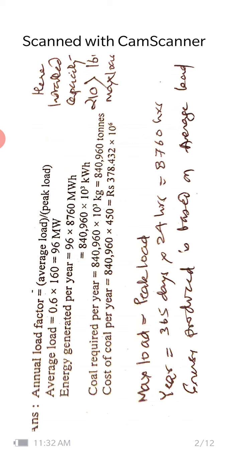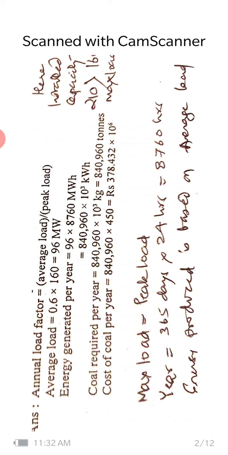Now, coal required. What is the coal required for the plant? So 8,40,960 into 10 raised to 3 kg, because for 1 unit, they told us, 1 kg of coal is required. So 8,40,960 tons.